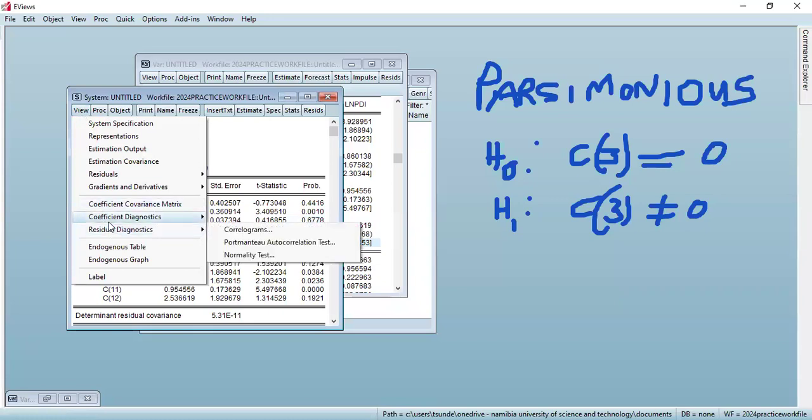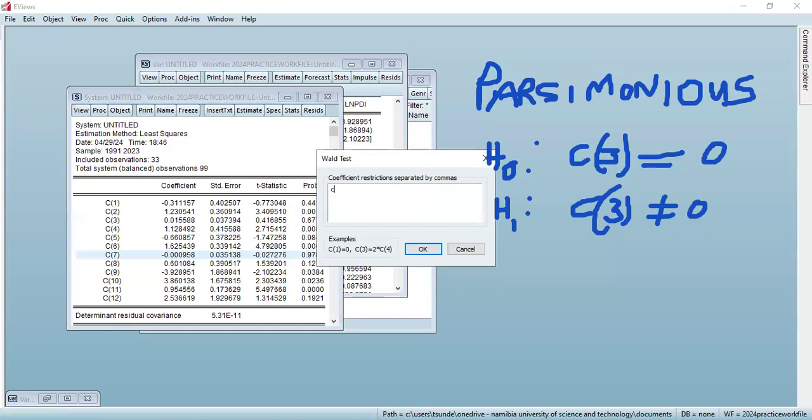We can use the Wald test to do that. The Wald test, C3 and C7. We are testing whether they are not significant in explaining the dependent variables. So C3 is equal to C7 is equal to 0.